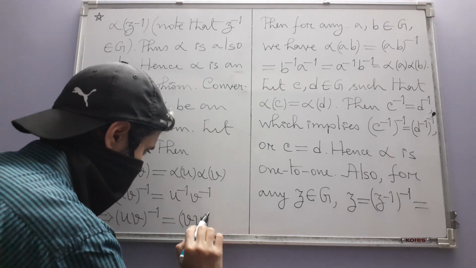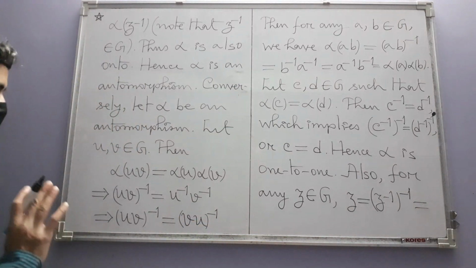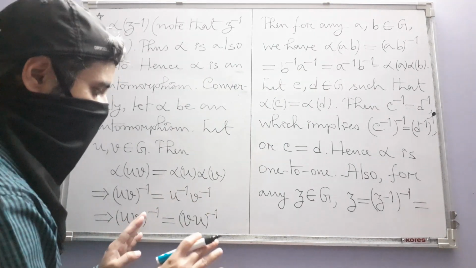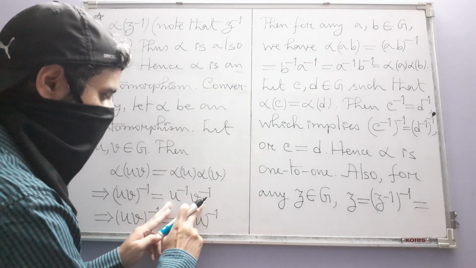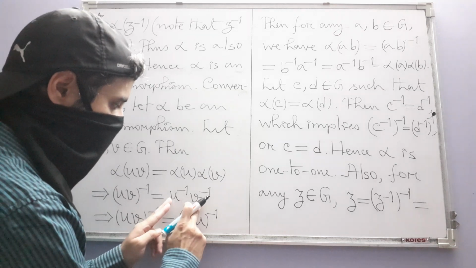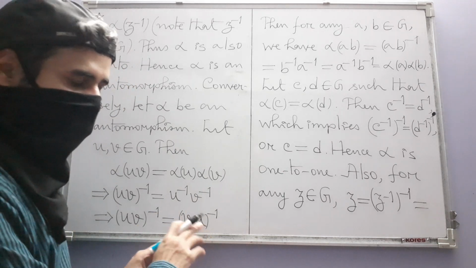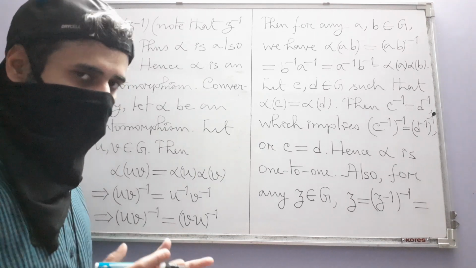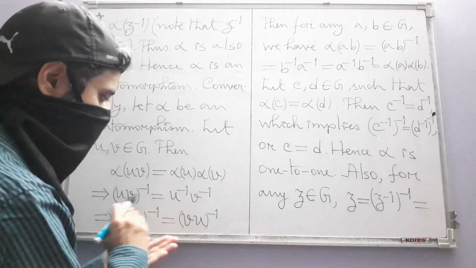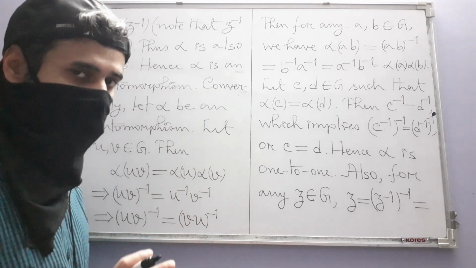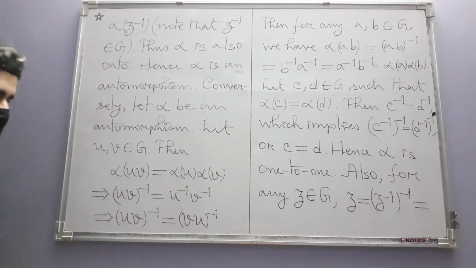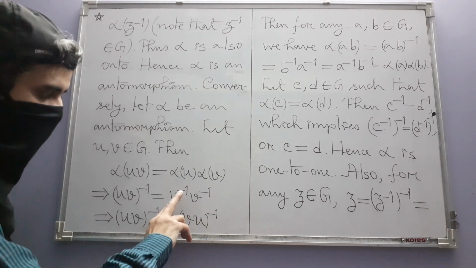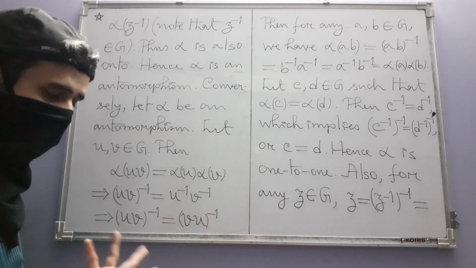Phi U inverse. Note that here we are not doing anything other than the fact that we already know that in any group this is equal to this. We are not using the fact that G is abelian. In fact, that's what we are trying to prove. So you cannot change the order of any product. But in this case, because we have inverses, we are able to write this.